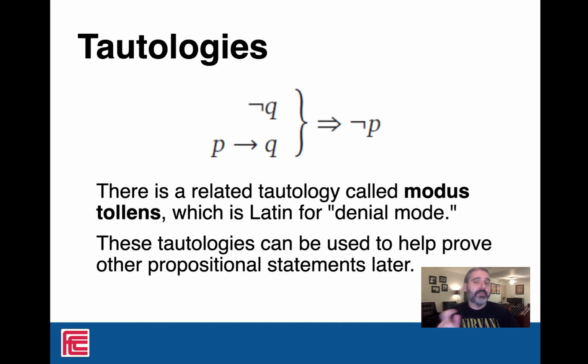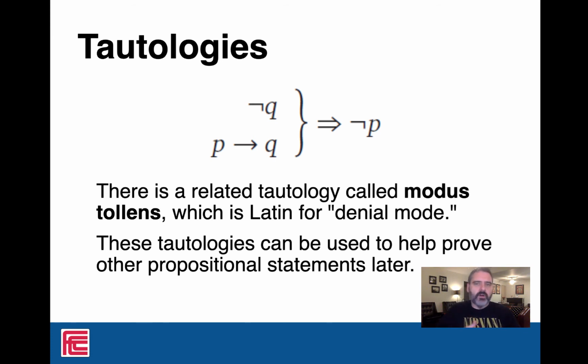By the way, it is related to kind of the opposite, which is if I have not Q as well as P implies Q. The P implies Q part is the same. But I can either say, if I have P, then I know Q. Or if I have not Q, then I know not P, right? Because you said P implies Q. If Q is not there, I know that P doesn't exist.